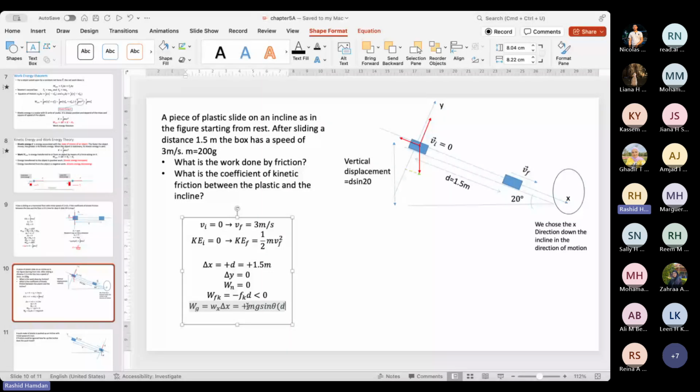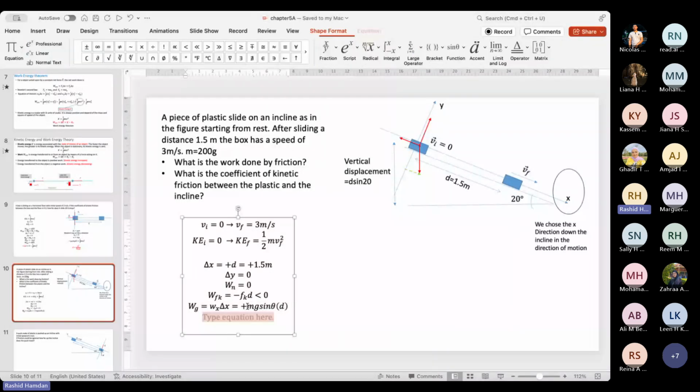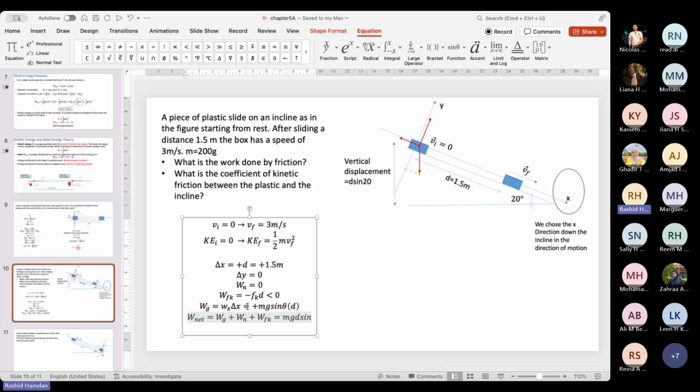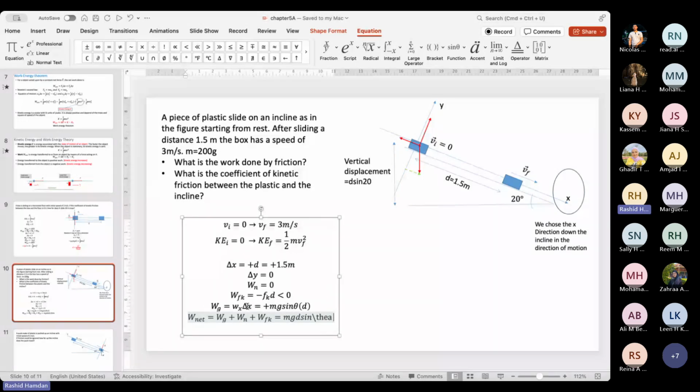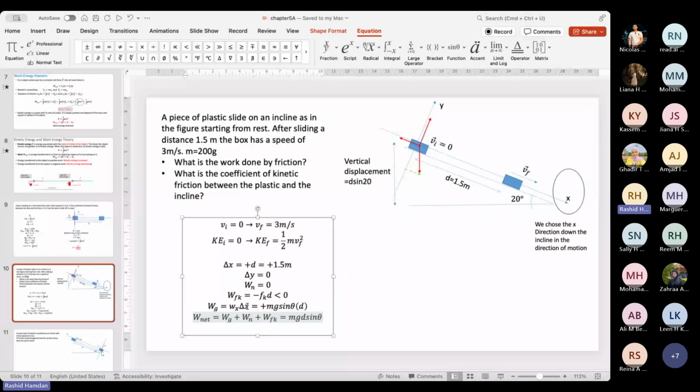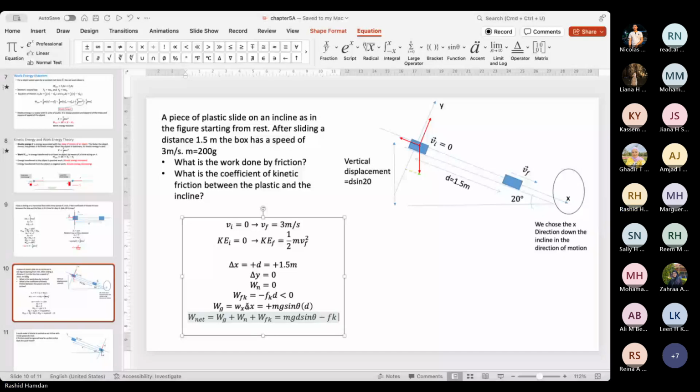So the net work, W net, is in general equal to the sum of all the works: W n plus W fk, which is equal to mg d sine theta minus fk d.